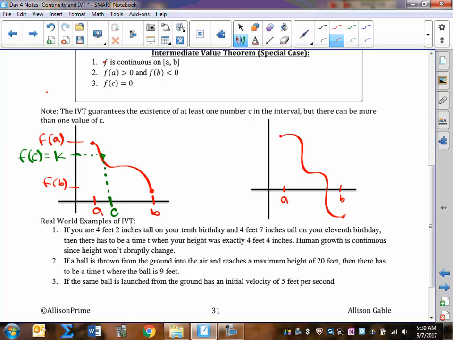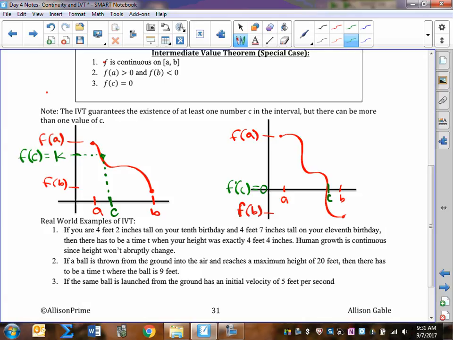So our special case then, as you can see, now if my f of a is positive and my f of b is negative, then at some point it has to cross 0. It has to have a y value of 0. So that's what this is stating here. At some point, that c value, f of c is going to be 0. Okay. So one's positive, one's negative. It has to cross the x-axis somewhere.